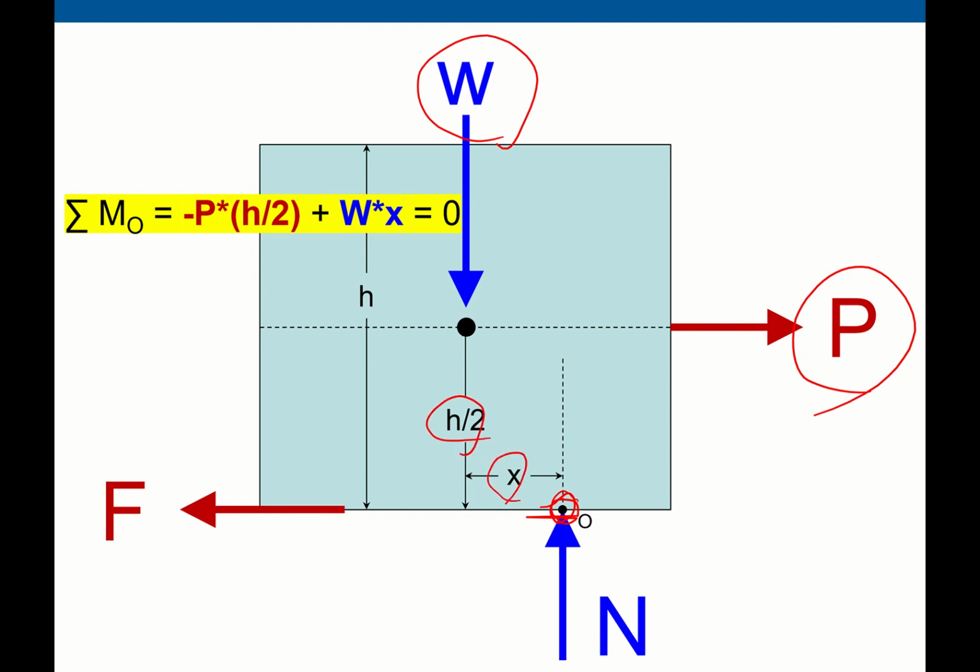This is half of the height, and this x is a horizontal distance from the center. So in the equation, minus, because this one creates the clockwise rotation, minus p times height over 2 plus weight times x is equal to 0, because w creates counterclockwise rotation. That's why the sign is positive.